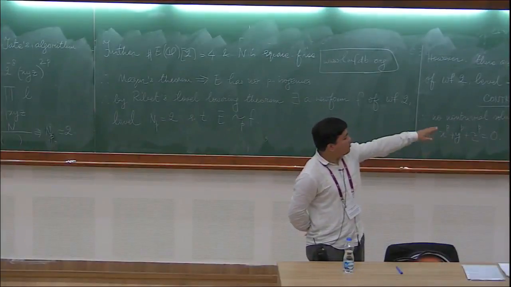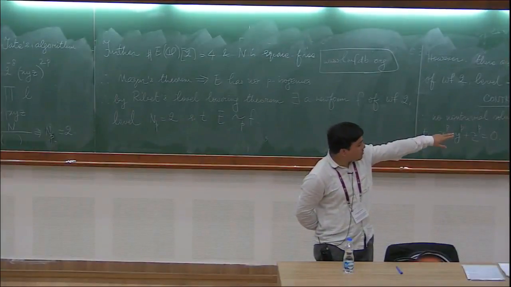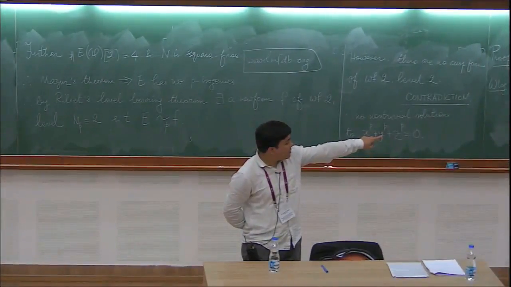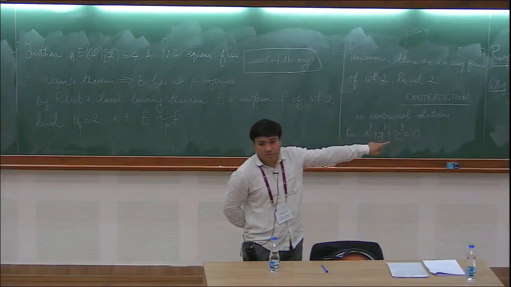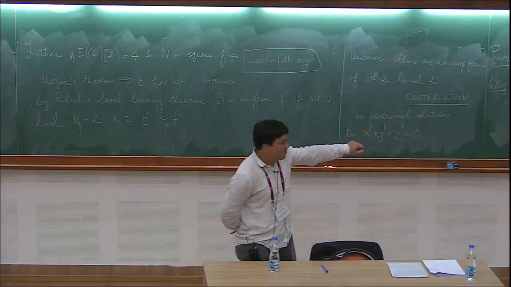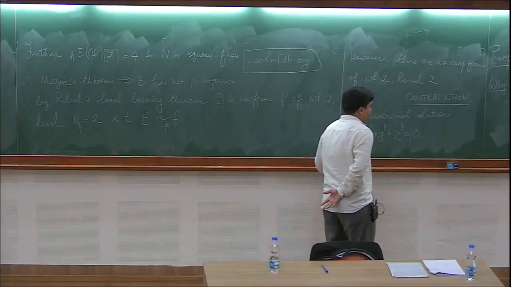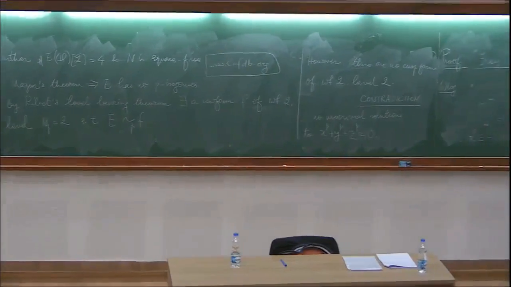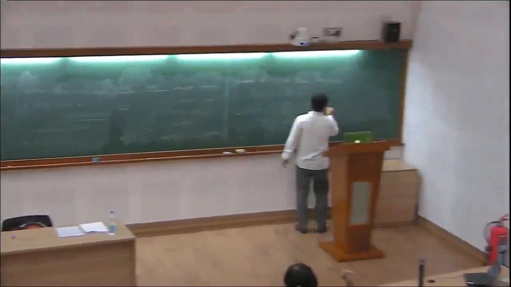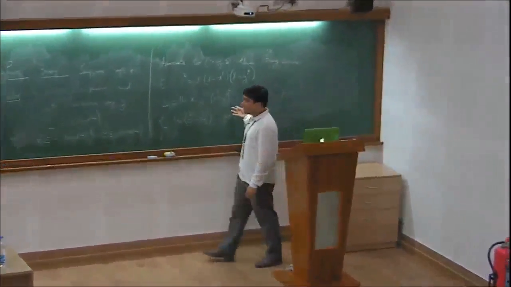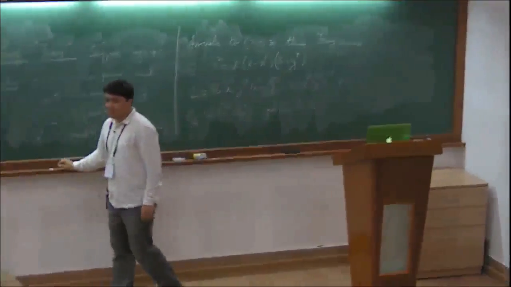The point is that you're assuming your E is an elliptic curve. You're assuming that your discriminant is non-zero. That's why this E is an elliptic curve. It's non-zero, so therefore this is an elliptic curve.